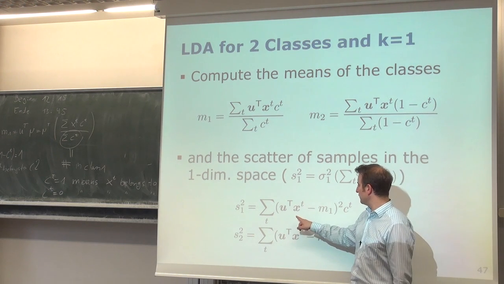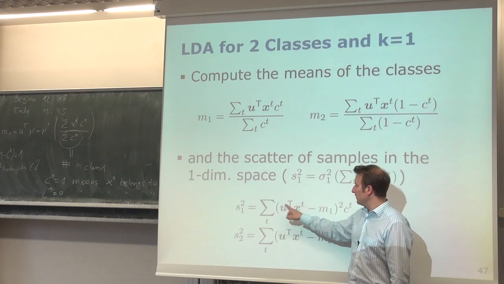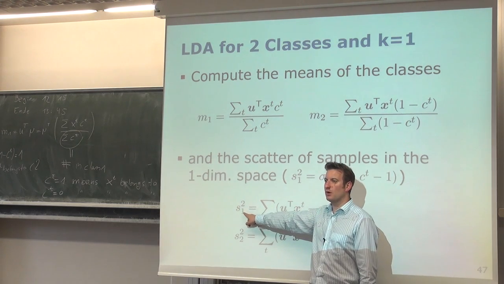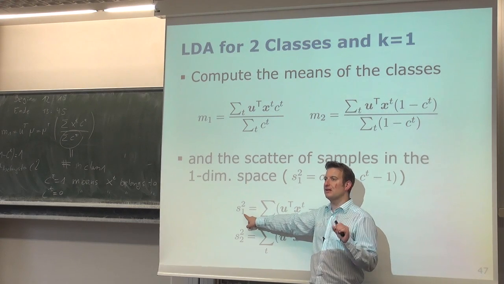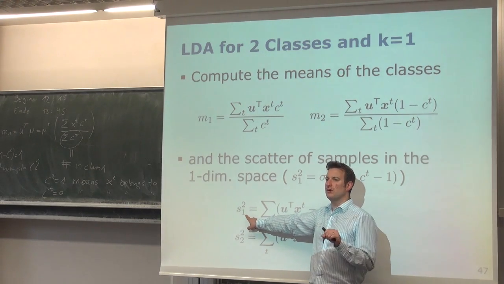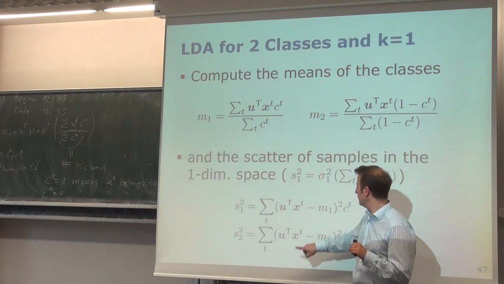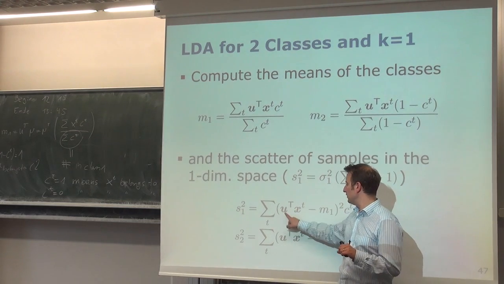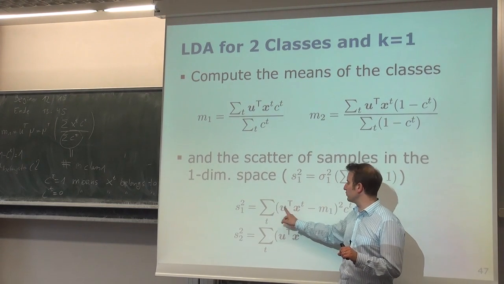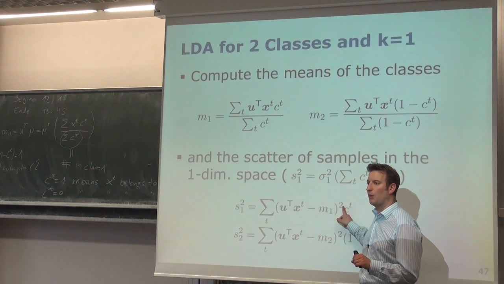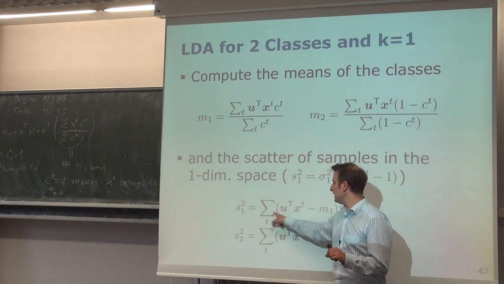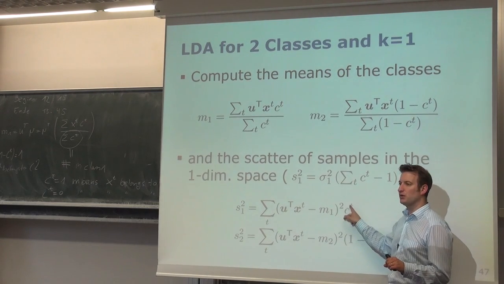So this is the spread S1, or scatter, of the elements in class 1 projected onto my vector u: I'm taking the data point, projecting it on u, subtracting the mean, squared. Summing over all elements, taking only those into account which belong to class number 1.